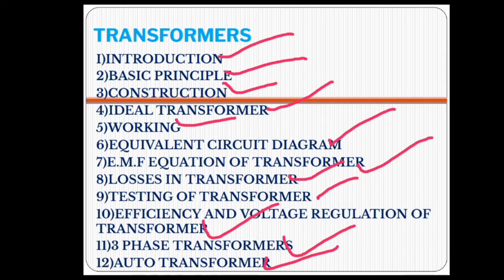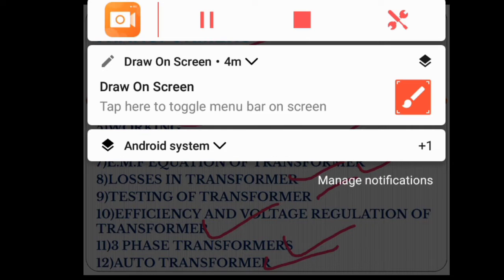It is a most important thing, because questions arise from it in the academic background and the competition background. So these are all the main contents in the transformer.